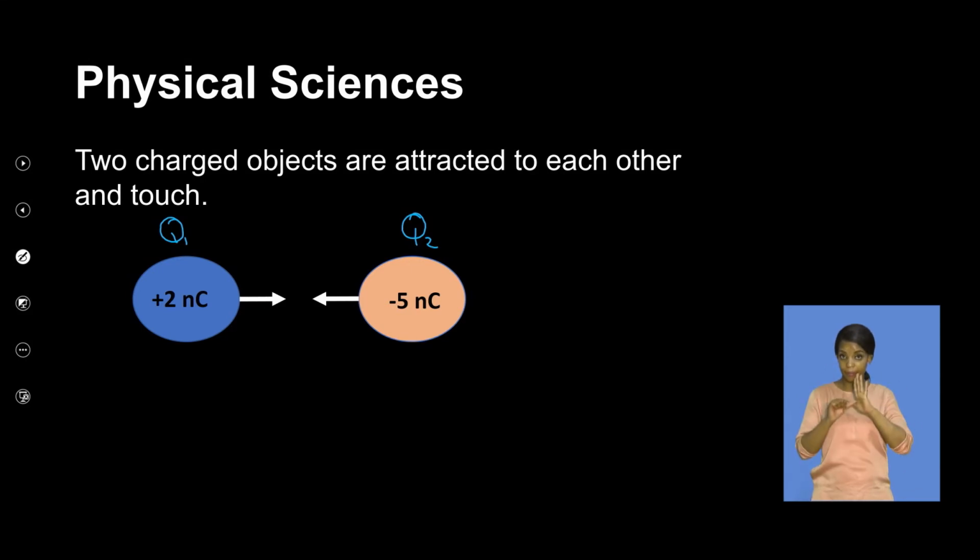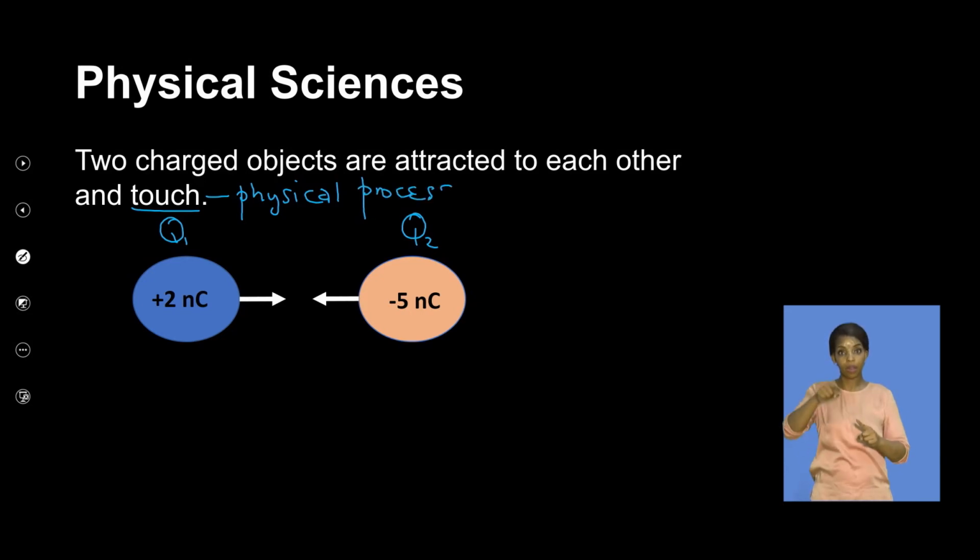Now, if we bring them into contact, what exactly happens? Charge is going to be distributed. So touching is actually an example of what we call a physical process. What do we mean? They come into contact with each other.